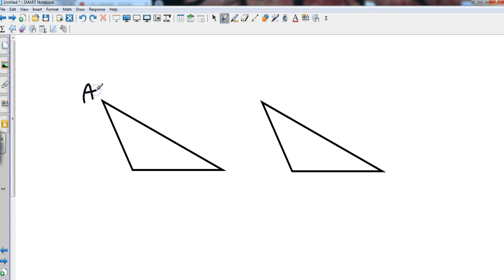I'm going to label them A, B, C, D, E, F. Now we're going to have two angles that are congruent, and then it'll be the non-included side. So let's say that angle C is congruent to angle F and angle B is congruent to angle E. And so I need a non-included side.